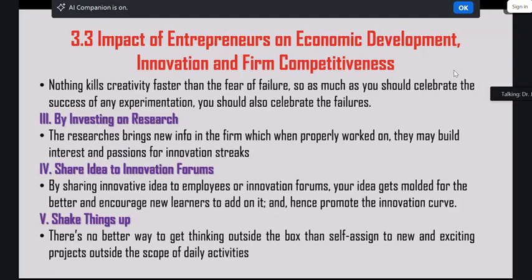Ukipelekwa tu nje ya comfort zone yako, ya mazingira ambayo umeyazoea, vitu unavyofanya on daily basis, most people become frustrated. But that's the way on how you can increase your innovative ideas. You can increase your thinking capability by shaking things up, moving outside of the box, moving outside of your comfort zone, moving outside of your familiar environment, so that you can experience new things.